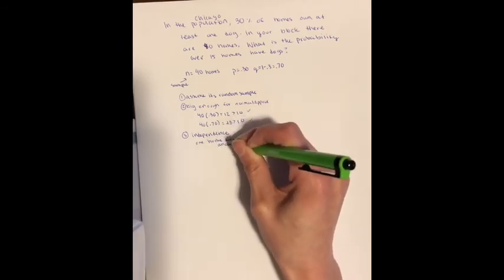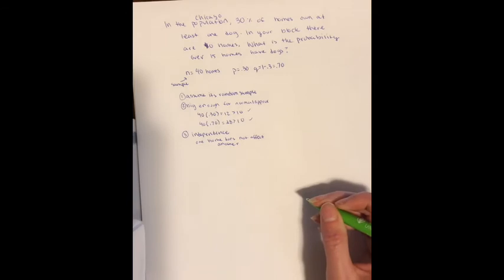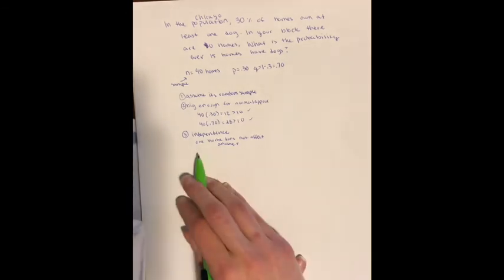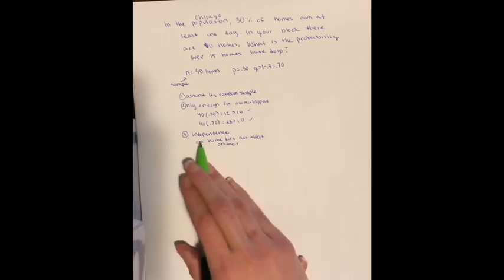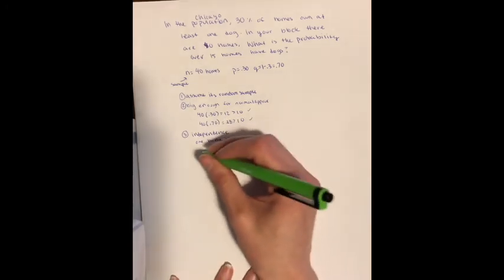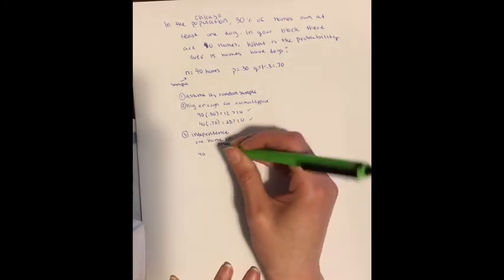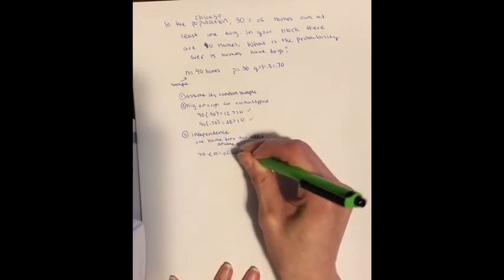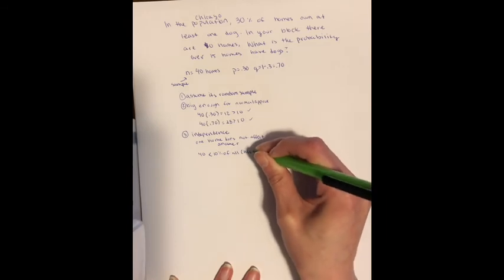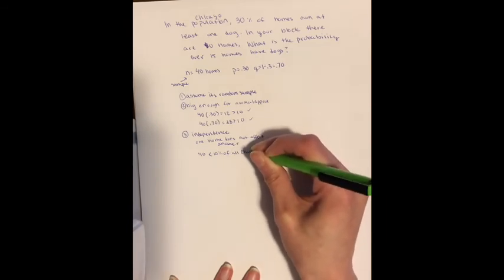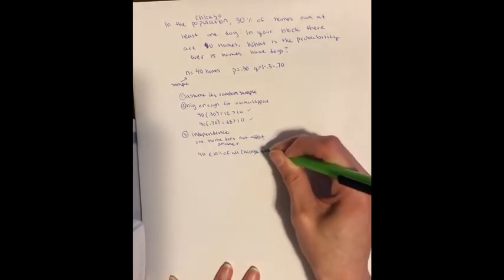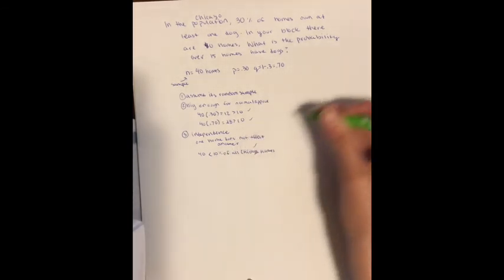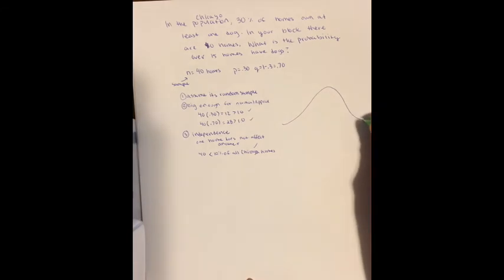Just because I have a dog doesn't mean my neighbor across the street is going to have a dog, right? So one home does not affect another, and we need to make sure that we have a small enough sample compared to the population. The population is Chicago homes, and that's definitely true. So we're good to go. We can make our normal curve.